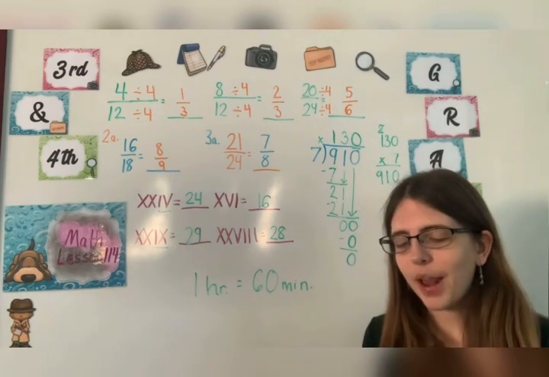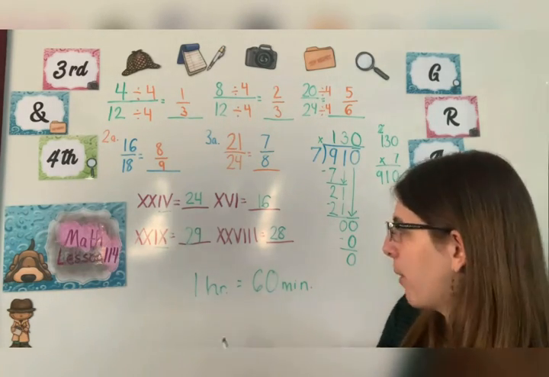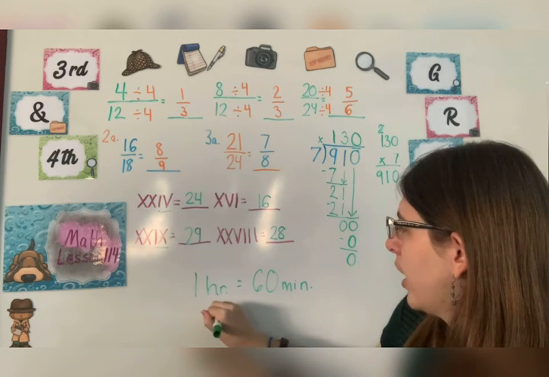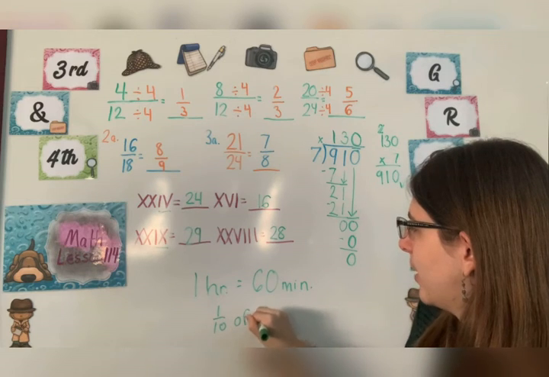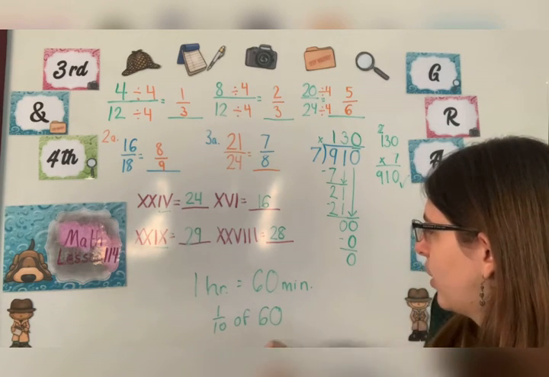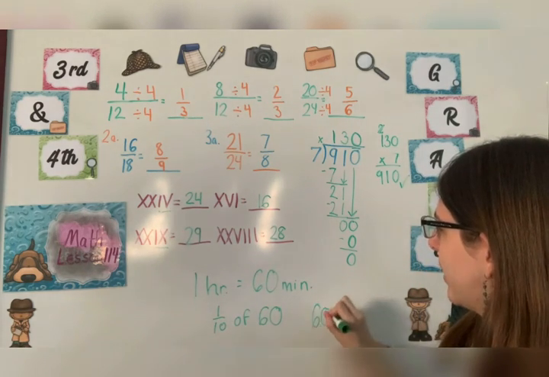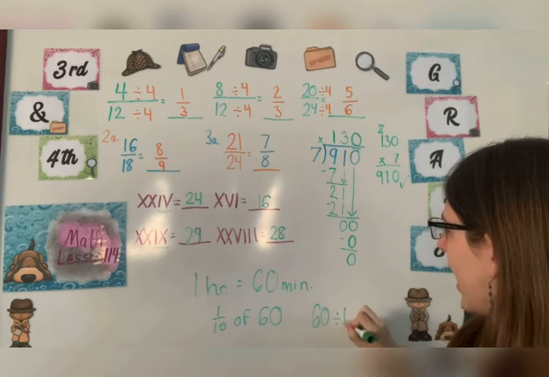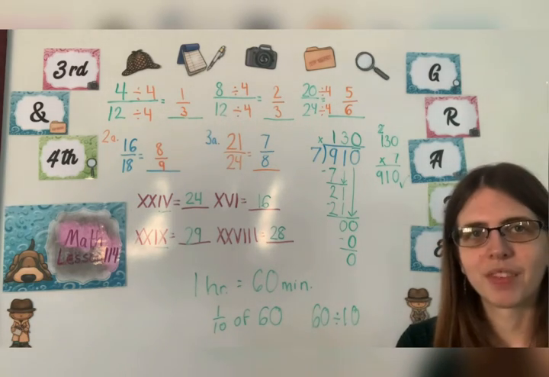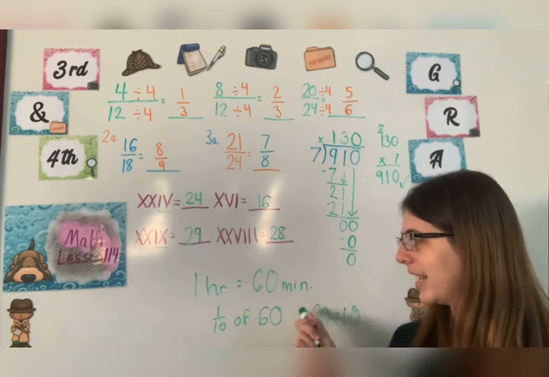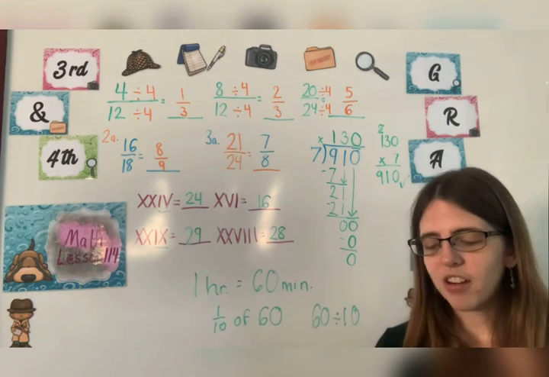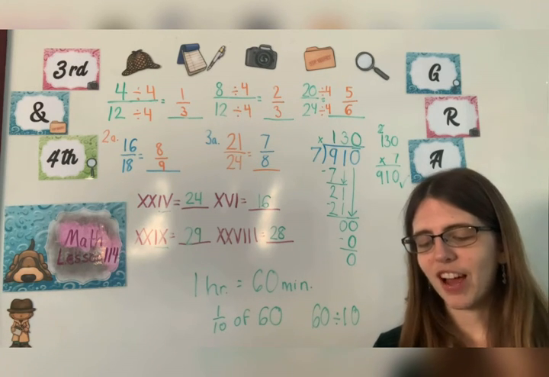So to find out how many minutes are in, for example, 1/10 of an hour, you're finding 1/10 of 60 minutes, which means that you're dividing 60 by 10. So for each one of these in the brain booster, you're dividing 60 by the denominator. So 60 divided by 6, 60 divided by 5, and 60 divided by 3.